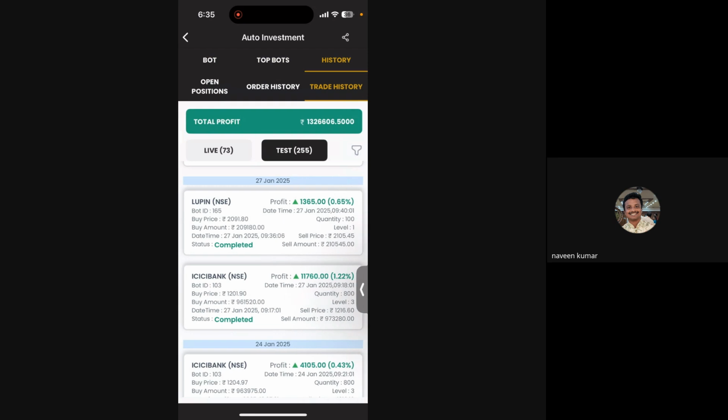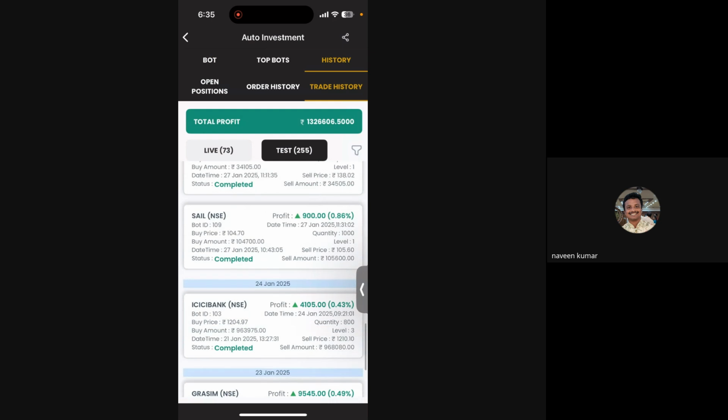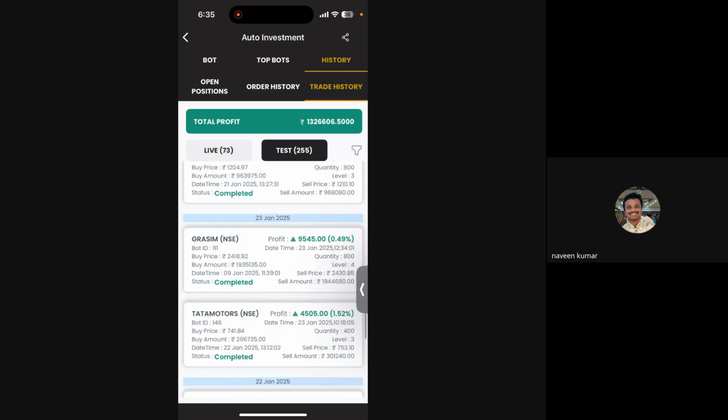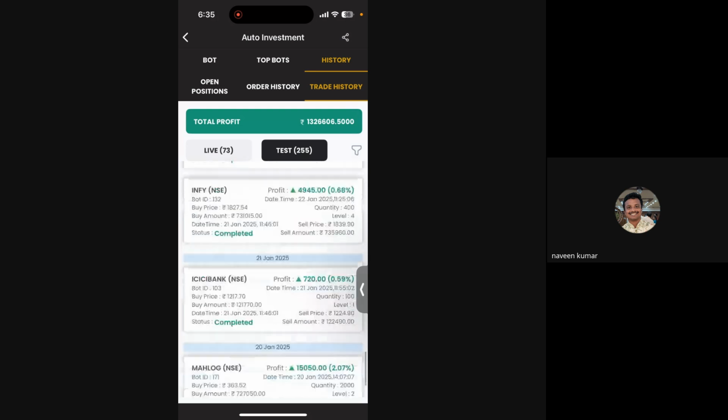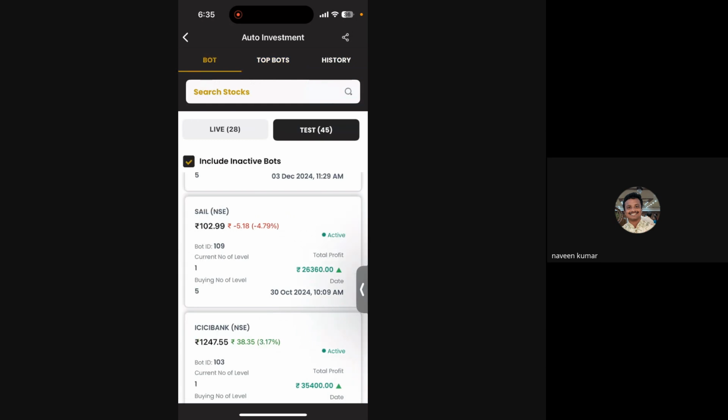That's it, guys. So you can just see all the bots which have been performing: IRFC, Sale, ICICI Bank, Tata Motors, Infosys. See, the purpose here is, suppose you have around 5 lakhs in your account. You can choose any 5 Nifty 50 stocks.